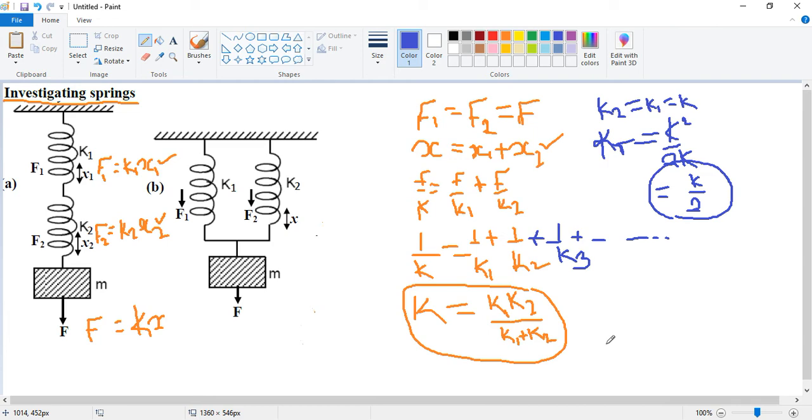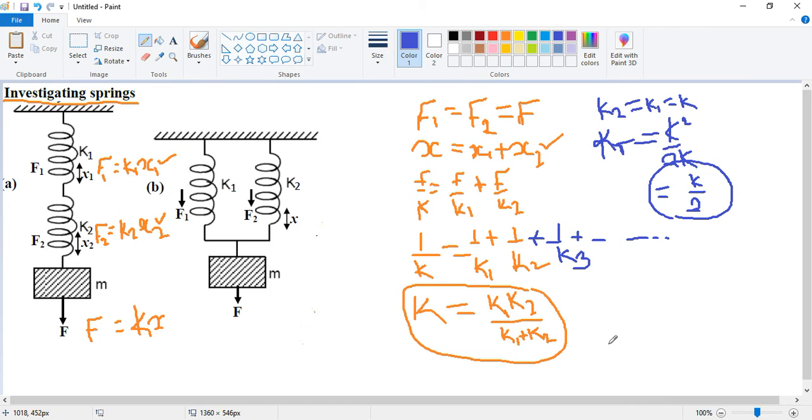But one thing you need to note is that when springs are connected in series, the effective spring constant is smaller than the spring constant of just one spring. However, the extension is higher than the extension of just one spring, because the extensions add up. I think I've made myself clear on that.